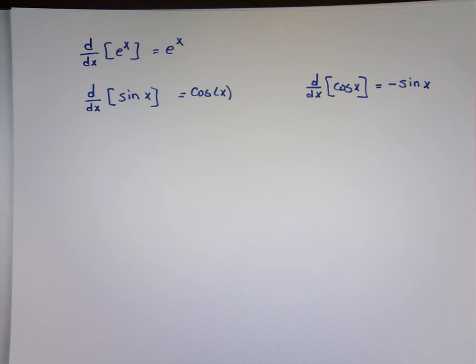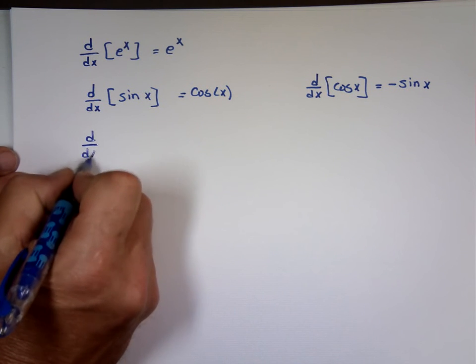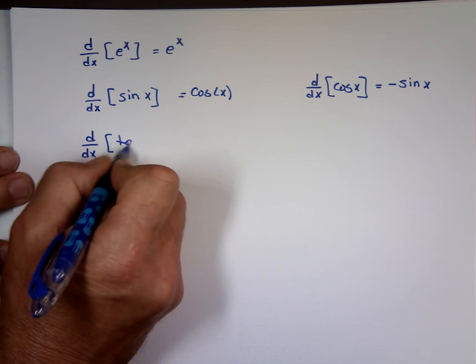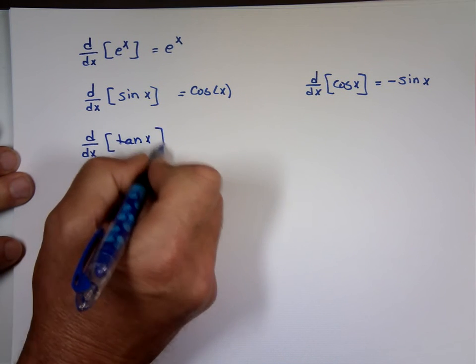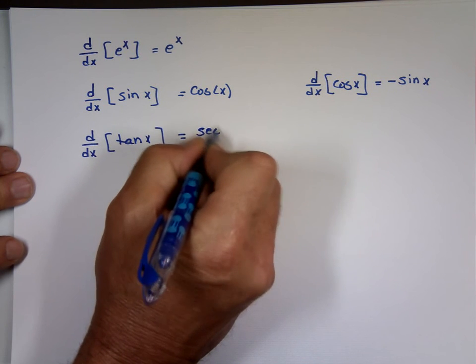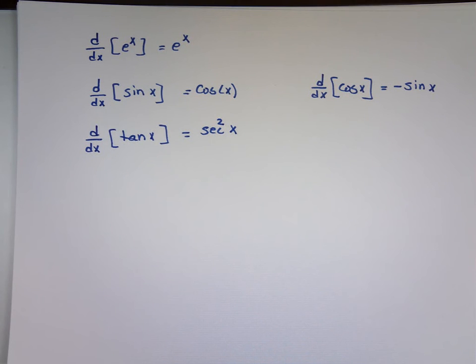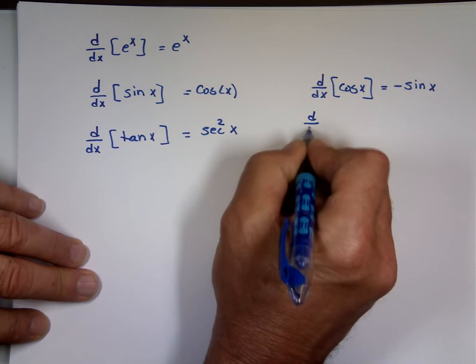We just derived the derivative of tangent x. We said the answer is what? Secant squared x. That's the one we just finished. So guess what the derivative of cotangent x is?